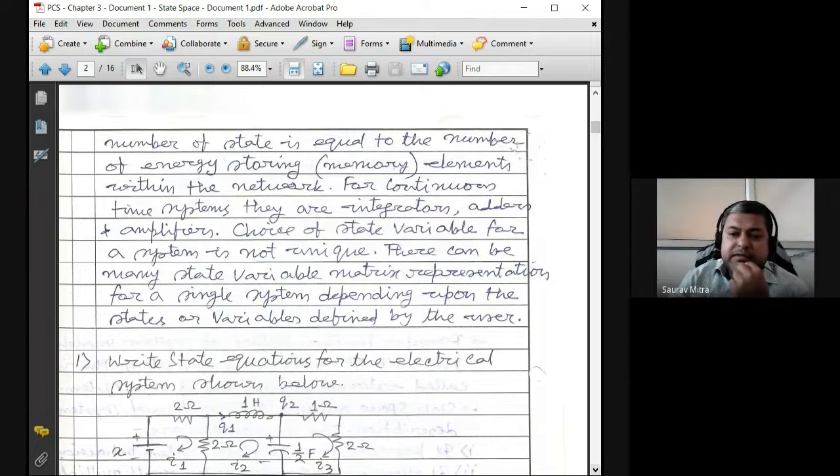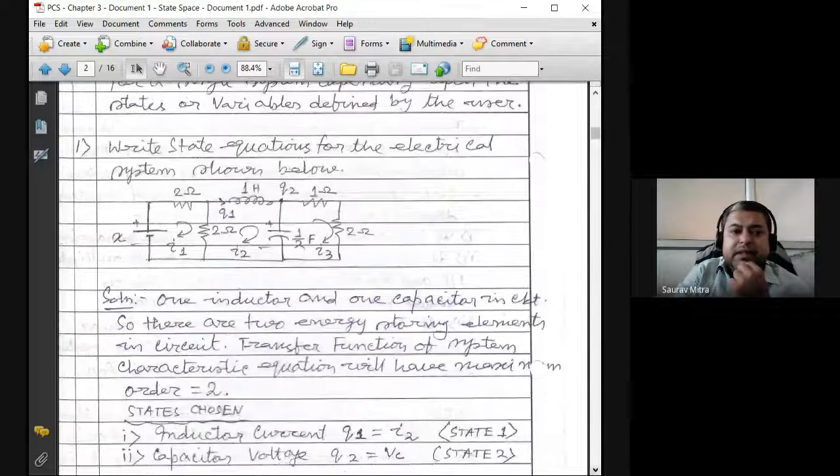As long as everybody is doing it correctly, everybody has the correct answer. So there is nothing called a unique answer for state variables. Depending on what state variables you choose, you are going to get the system model accordingly. So there can be many state variable matrix representations for a single system depending upon the states or variables defined by the user.